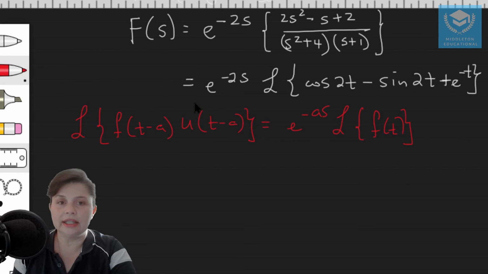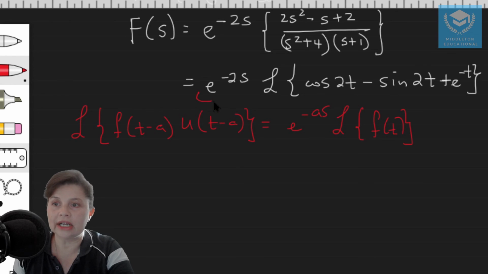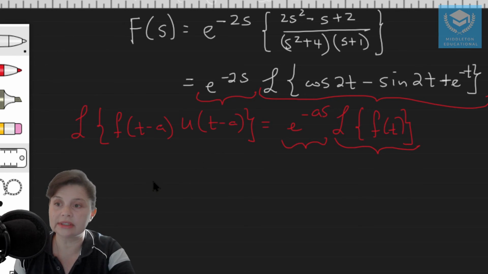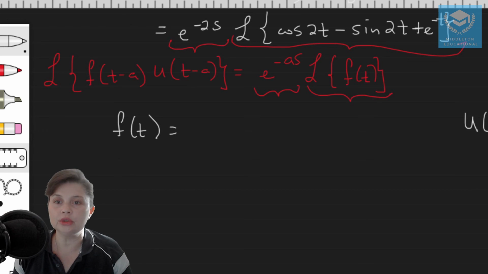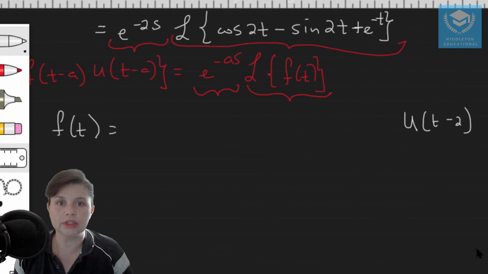And we see that in the example, we have the exponential part, and we also have the transform of the function, which means we can now find our inverse. So f of t is going to be u of t minus 2, because that 2 is in the power. Remember, we're moving from our right-hand side to our left-hand side, and in front, we need to put the function. So that's what we've got there.